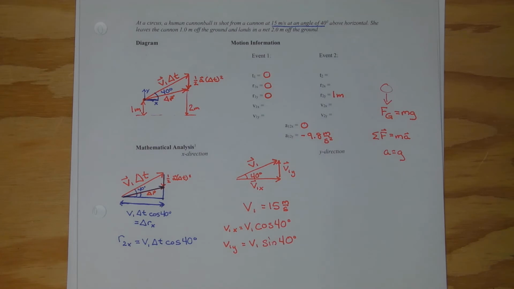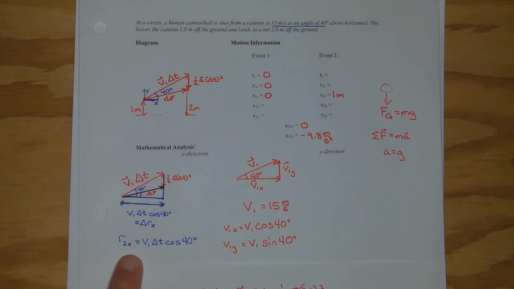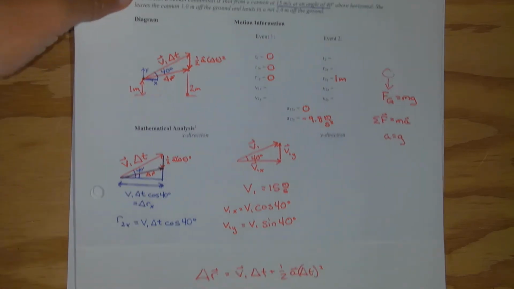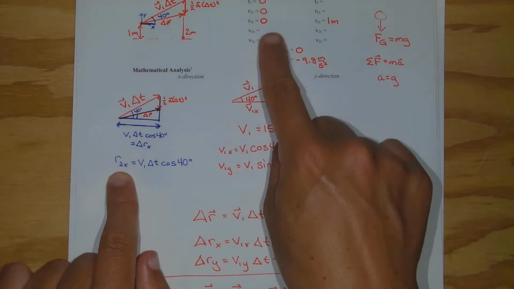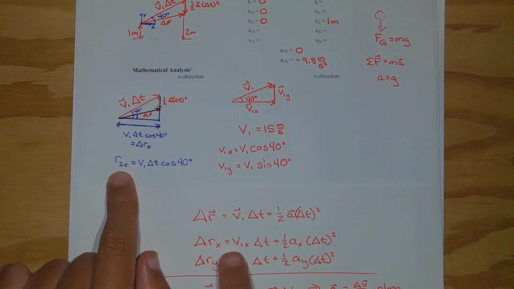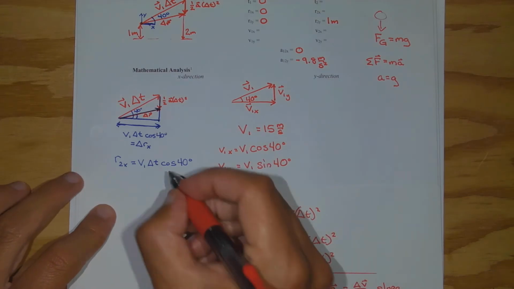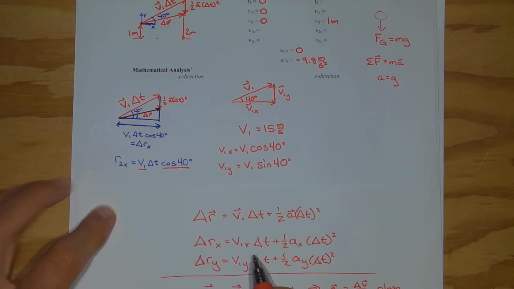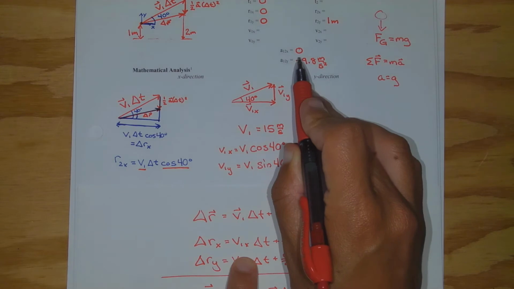Now if I go back to my equations here, I can compare this to my position kinematic equation, where I have just the x components. So delta rx is equal to r2x, since r1x is equal to 0. v1x is v1 times cosine of 40 degrees, so v1 and the cosine of 40 degrees, that's v1x times delta t, plus 1/2 ax times delta t squared, but ax is equal to 0.